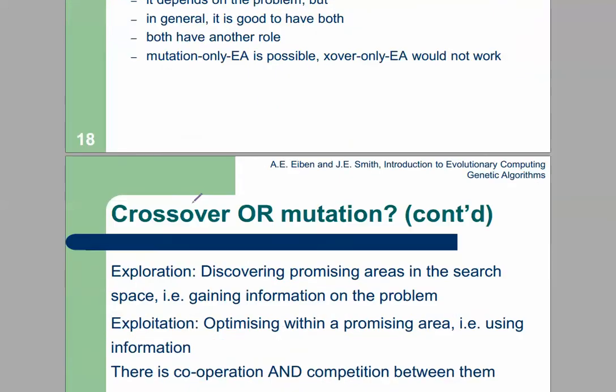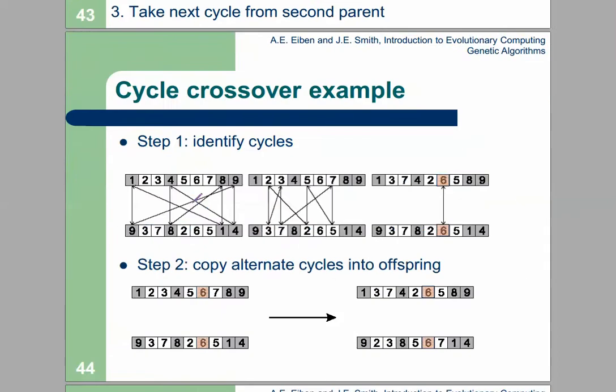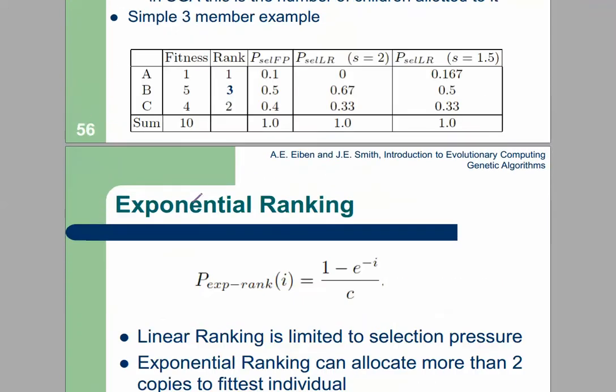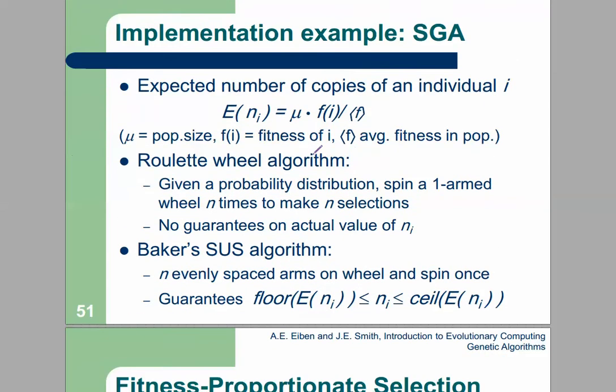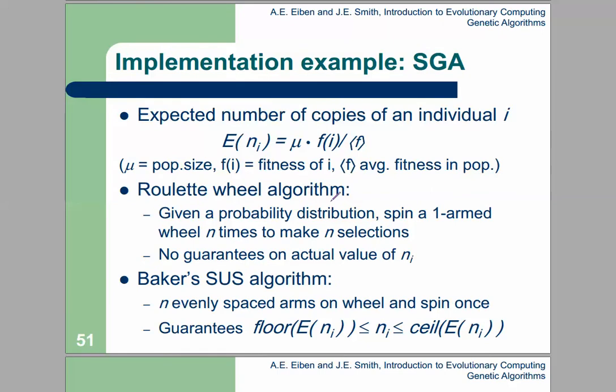We want to explain this fact that we want to use a selection that selects more fit elements. The expected number of copies of an element or individual is E_i.